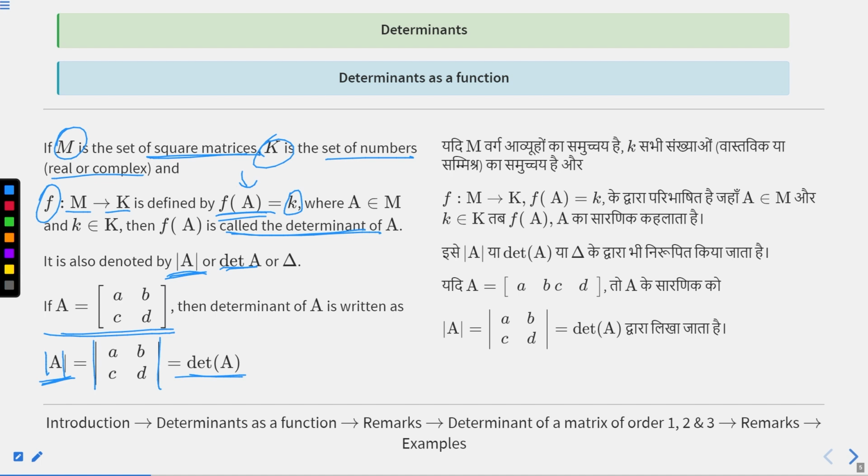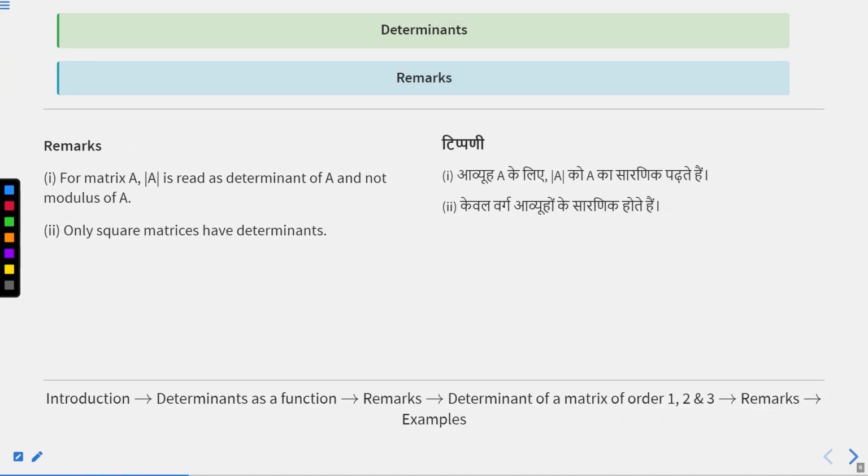By definition it is clear that first of all, don't confuse determinant A with modulus A. This is determinant A, and only square matrices will have determinants. By definition, for association we must require square matrices.